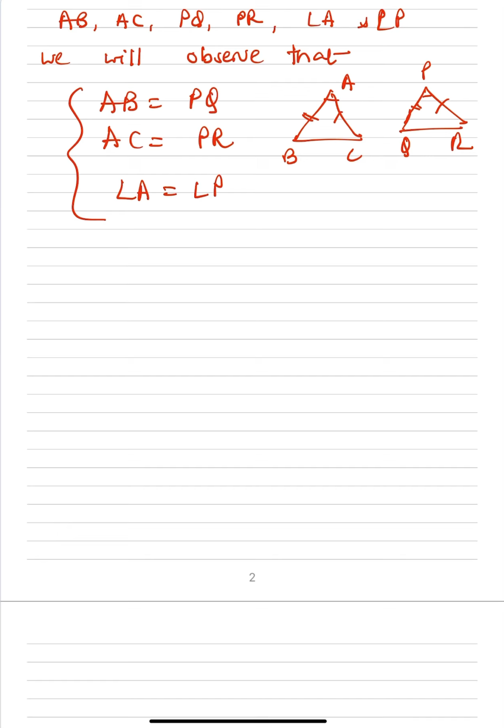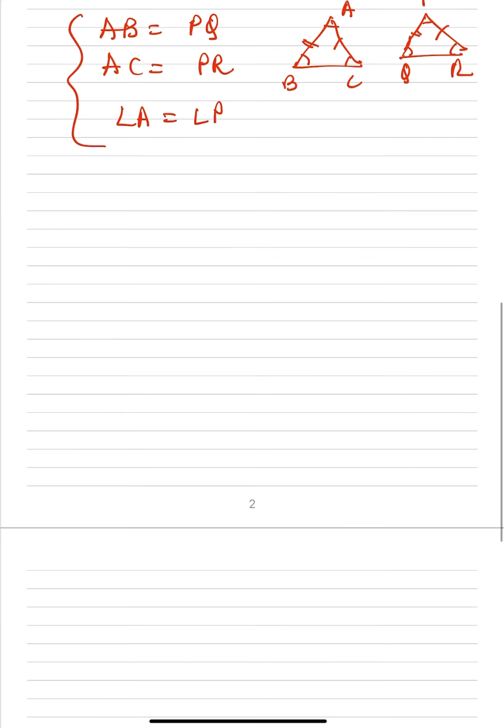Now we can say that angle B will be equal to angle Q and angle C will be equal to angle R because of CPCT, corresponding parts of congruent triangles. This way you can prove A.S.A, angle side angle congruency.